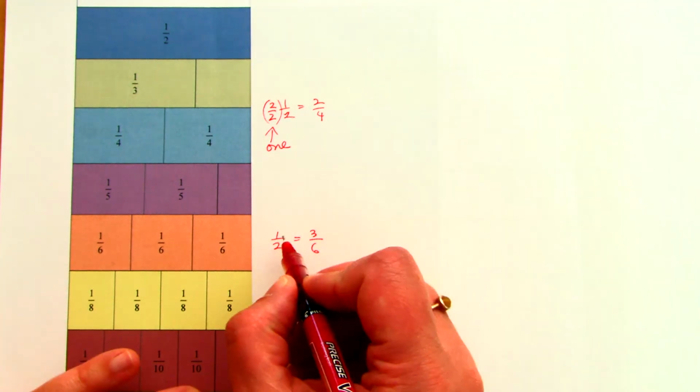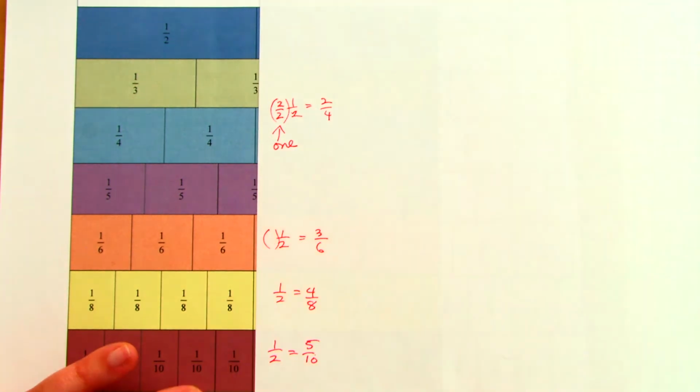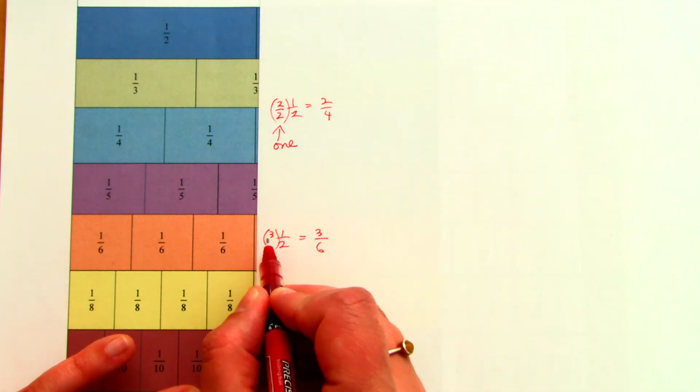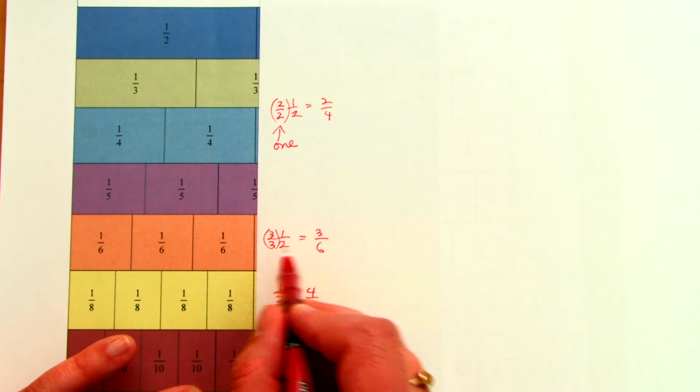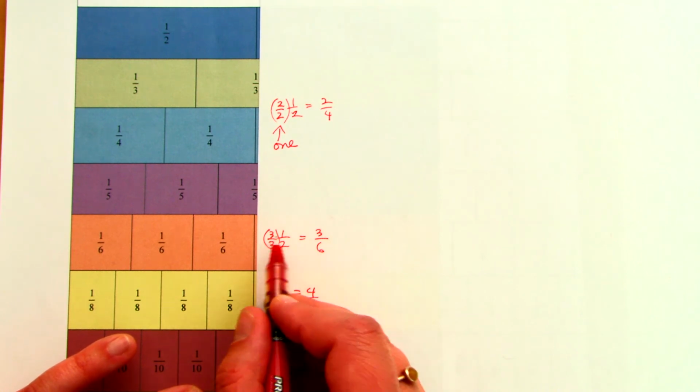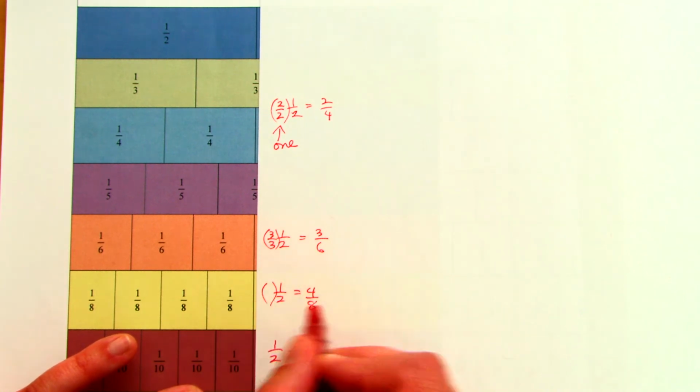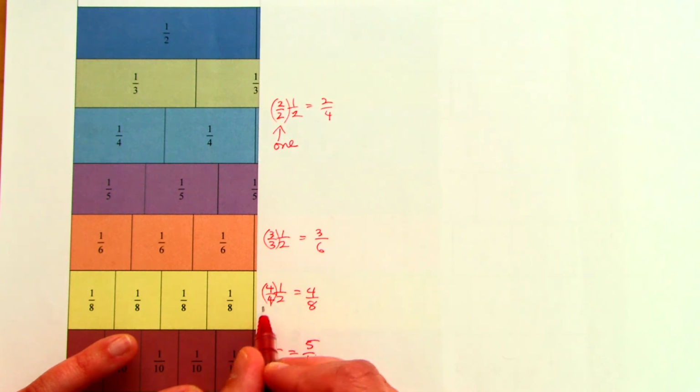So what do I have to multiply 2/2 by in order to get 3/6? 3/3, right? Because 3 times 2 is 6, and 1 times 3 is 3. Here, I would multiply 1 times 4 to give me 4, 2 times 4 to give me 8.